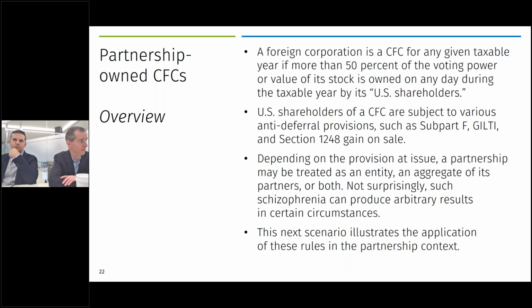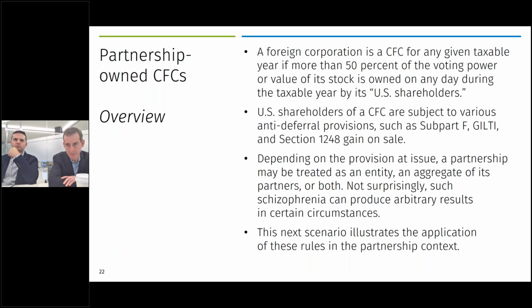I think earlier this year they finalized the regulations, and so now for Subpart F income purposes, domestic partnerships are truly schizophrenic entities, meaning that for determining whether a foreign corporation that's owned by a domestic partnership is a CFC, you apply an entity theory, meaning you look to the actual shareholder, that being a domestic partnership, to determine whether you exceed the 50% vote to give rise to CFC status.